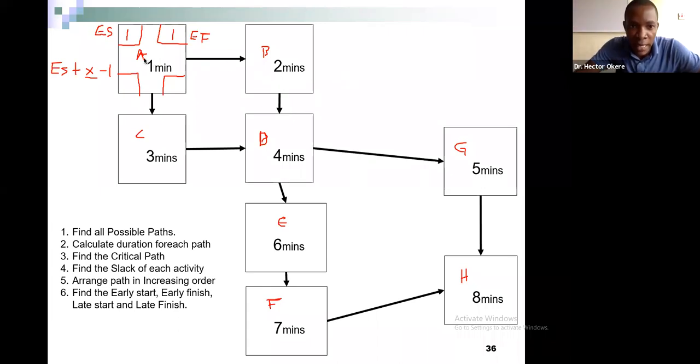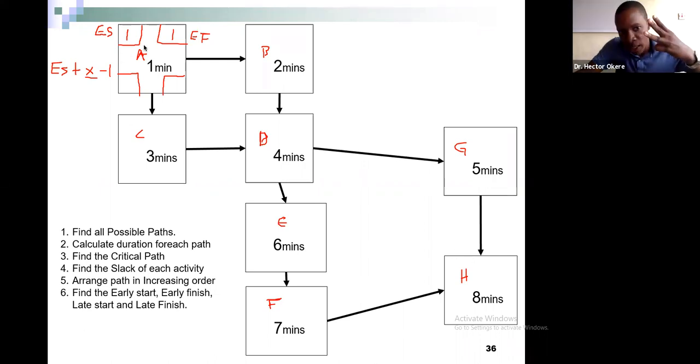We can go from A to B to D to G to H, path 1. We can also go from A to B to D to E to F to H, path 2. We can also go from A to C to D to G to H, path 3.